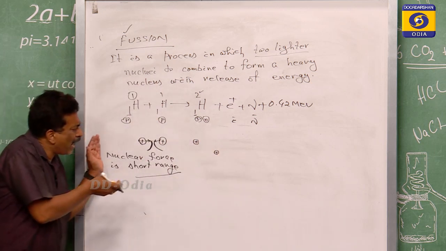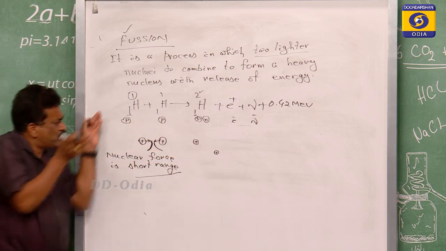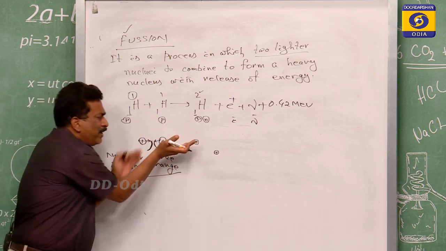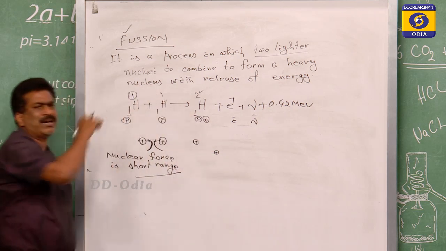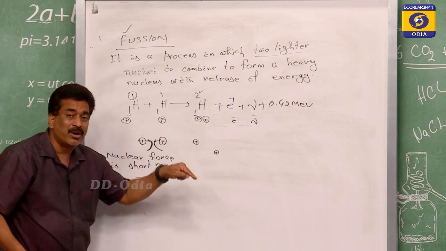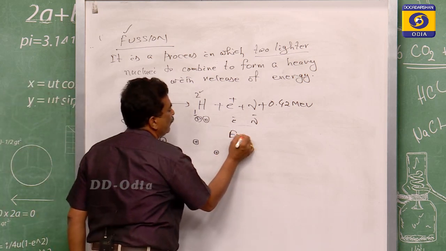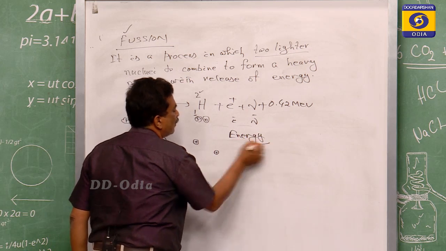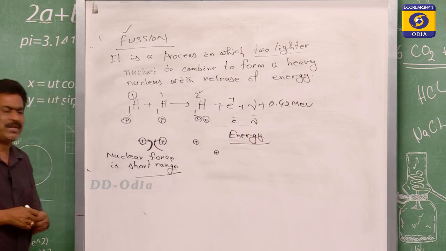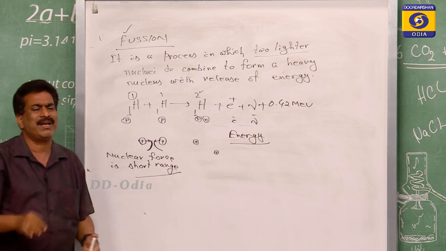And if we apply some external force to that one, it is moved towards the other particle, and that external force is in terms of energy, though they are placed very near to each other. I will give you one example.